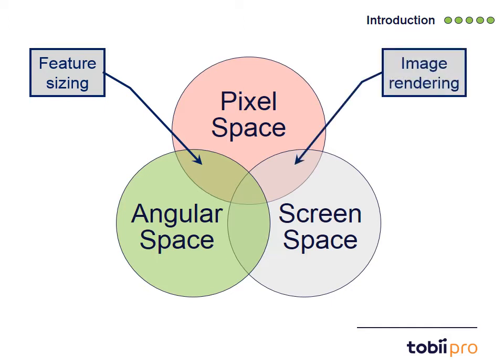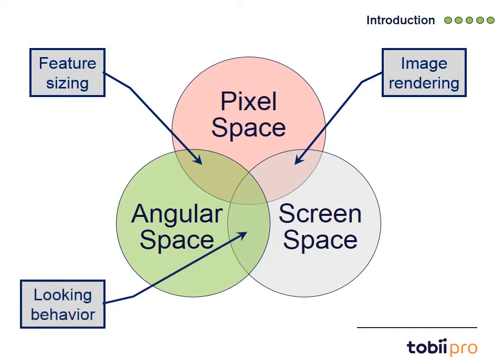At the intersection between pixel space and screen space arise issues and considerations relating to the design and rendering of the stimulus. And in that case, it's not just sufficient to design an image per se with some fixed pixel dimensions. You need to do so keeping in mind the size and resolution and the characteristics of the display upon which the stimulus is actually going to be rendered.